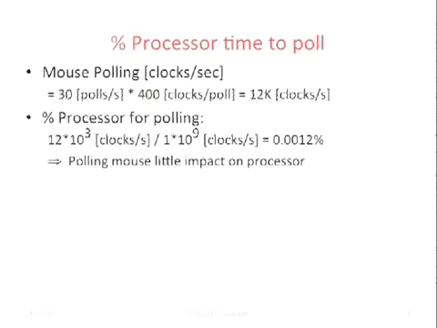impact of polling. So for mice, where you're only looking 30 times a second, if you do the math, 400 clocks per poll, so 12K clocks per second, that's nothing. That's peanuts. So you can easily poll for the mouse, okay? And you're only using that much of your processor speed. That's not a problem. Okay, I removed the floppy in there, but the floppy you could actually poll too.